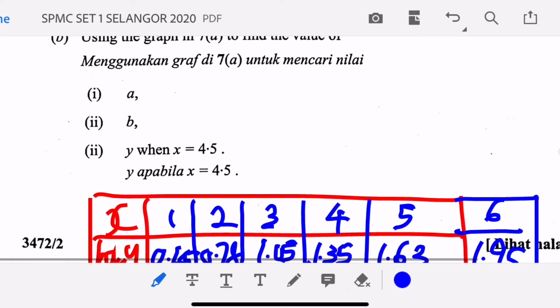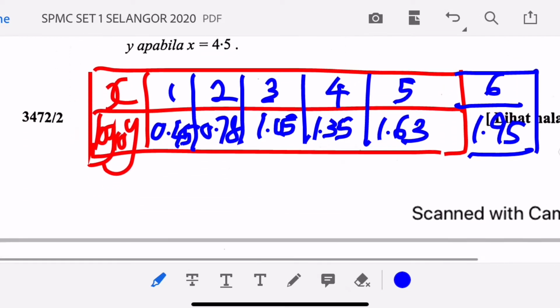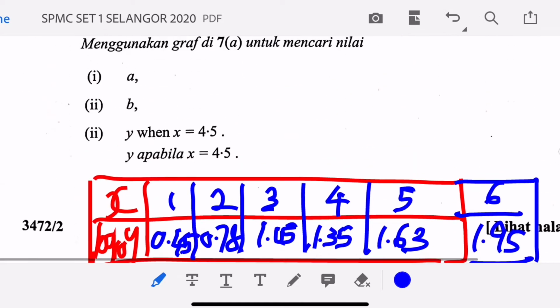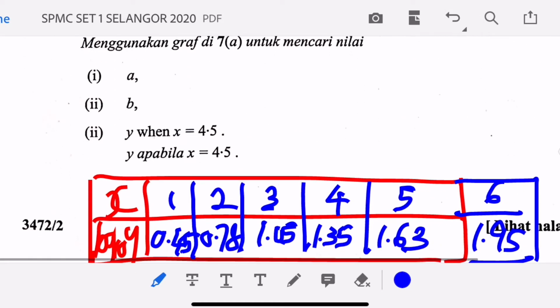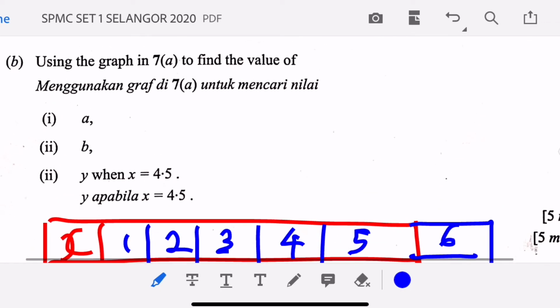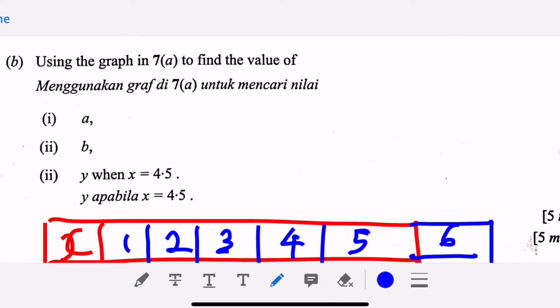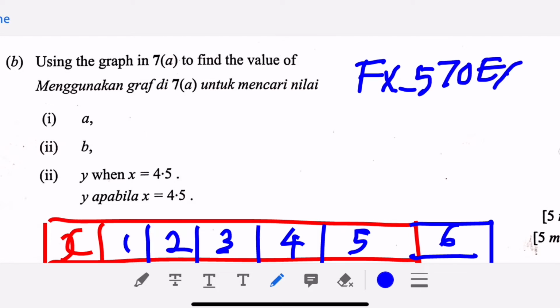Do you know how to plot the graph? Basically I will advise you to use your calculator. If you have the new black calculator, the FX 570EX, you can always press the menu.